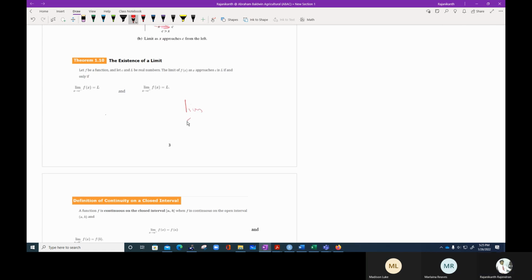Limit as x goes to C of f(x): if you are given this as L, this means it is true if and only if the limit approaching from the left of the function is equal to the limit as x goes to C from the right of the function.